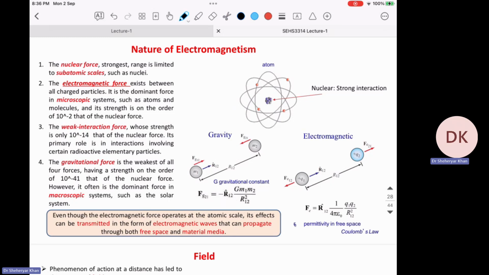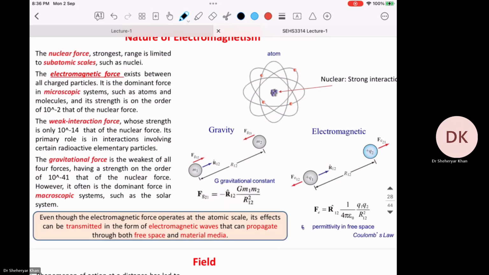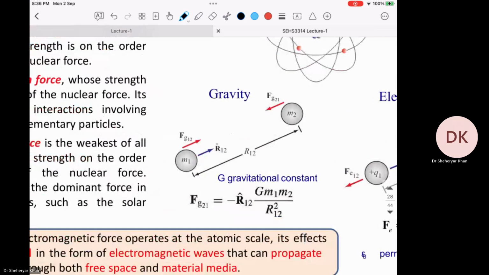So let's say you have 2 particles, m1 and m2, and the distance between them is r12, right? So you see these arrows, r12 cap. Anyone knows about this one? Why do we use this one? Any idea? What does it mean?